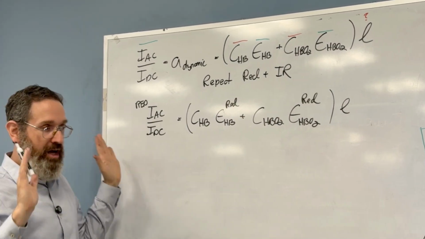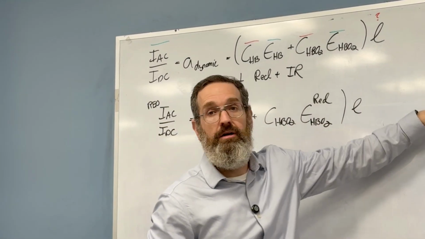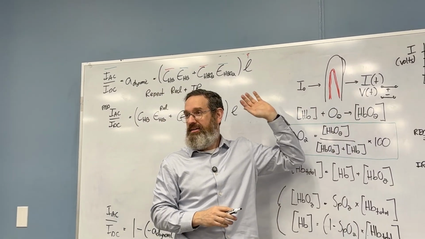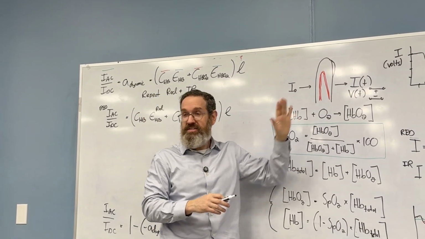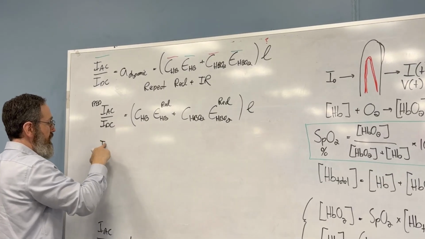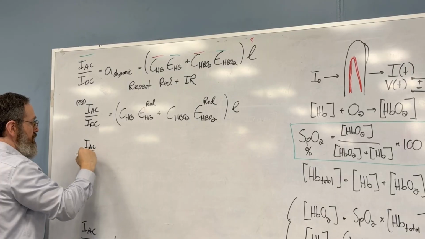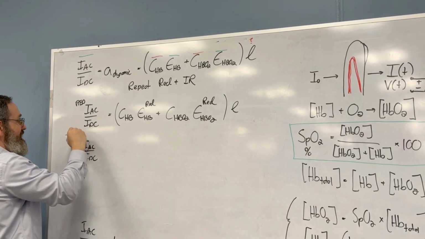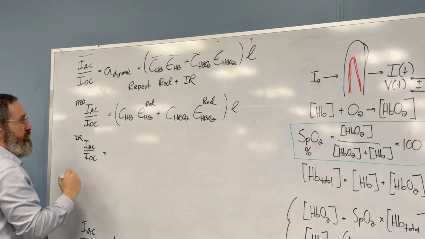But I say, hold on, stop. Turn the light off. Now shine infrared. I could do that, right? Reset, do infrared, fine. So now I'm going to say IAC over IDC at infrared is equal to, well, what's that going to be?